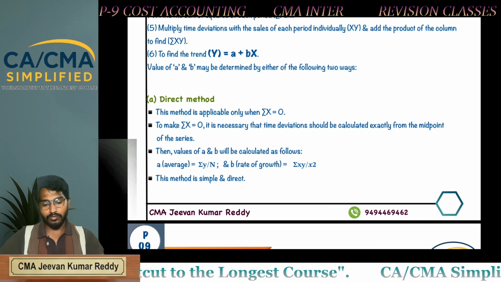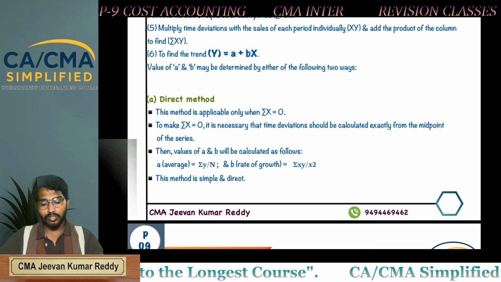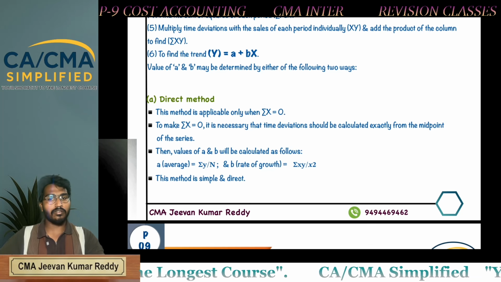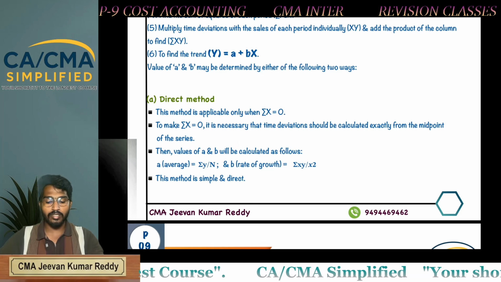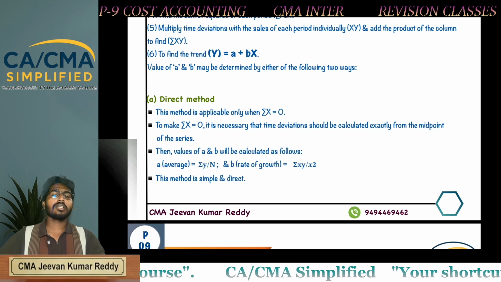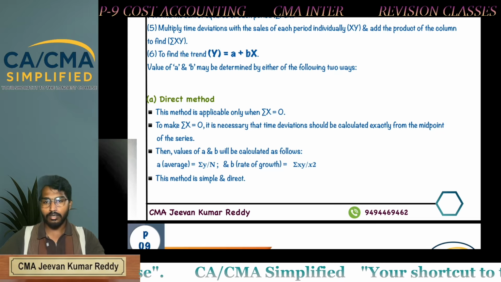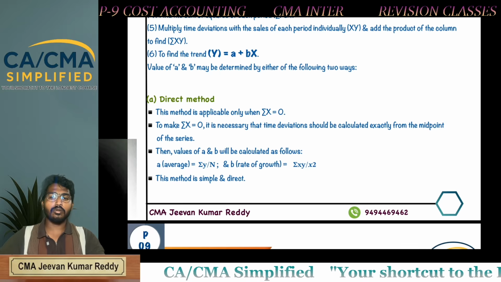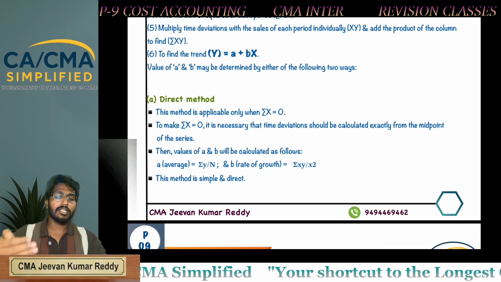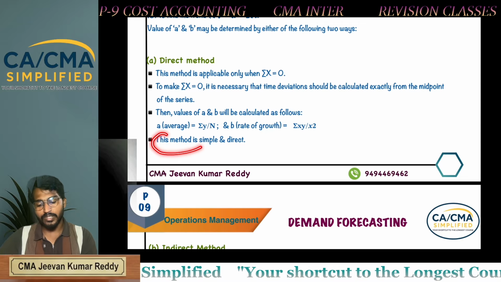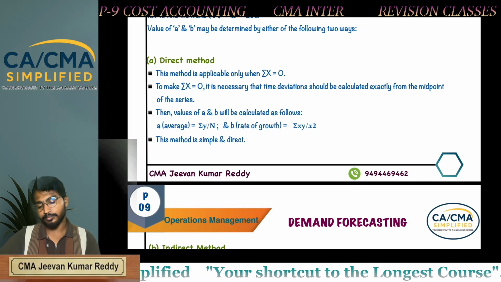If x is equal to 0, then we can calculate a and b values. a is equal to the average, b is equal to the growth. That means on average how many sales happen every year, and b is the growth, that means by how much the sales are increasing each year. This method is simple and direct.